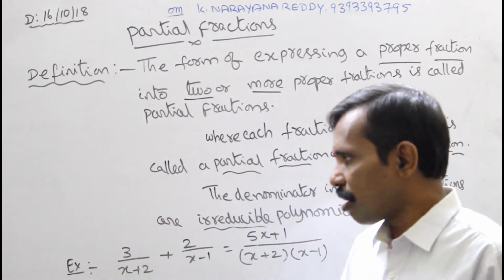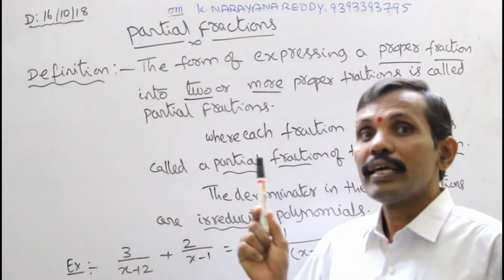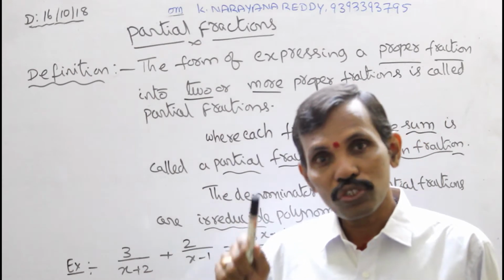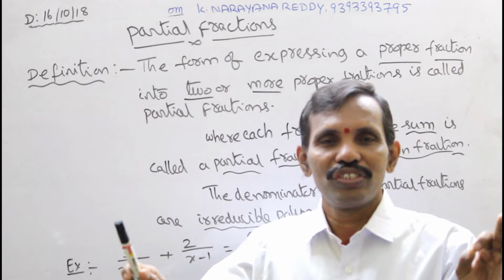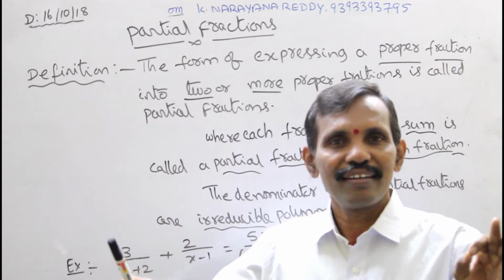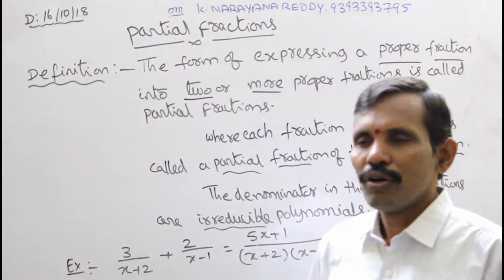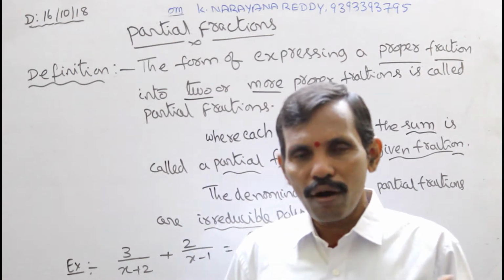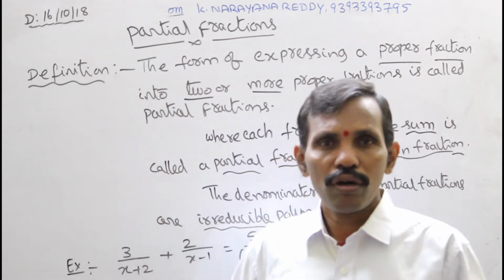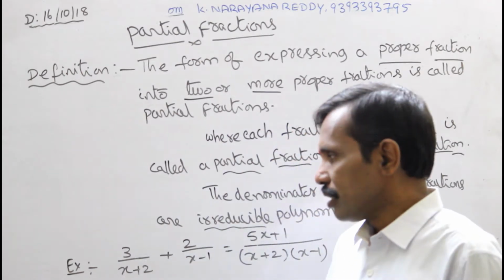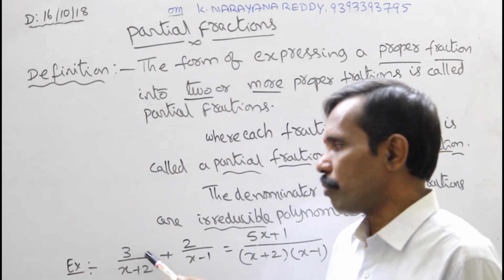That is why the denominator is called an irreducible polynomial. So x plus 2 is an irreducible polynomial. We can't divide it into a product of two polynomials. That is why it is called an irreducible polynomial.